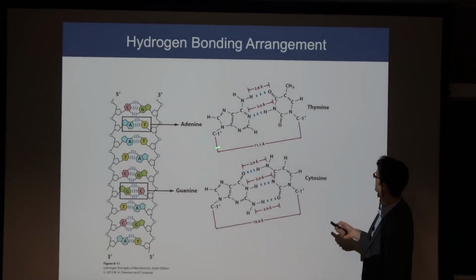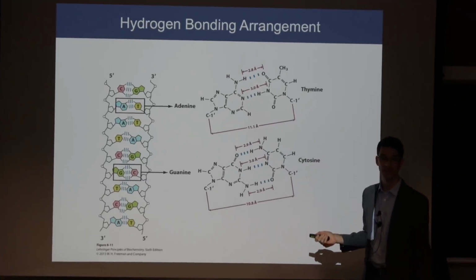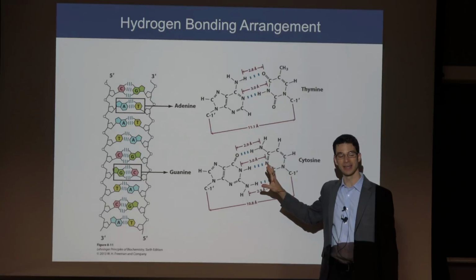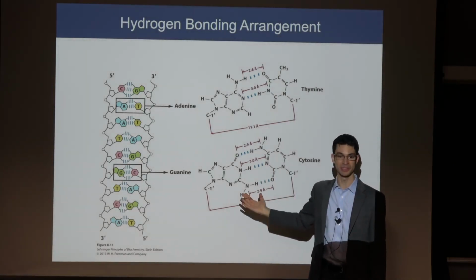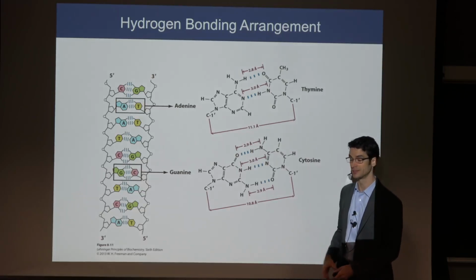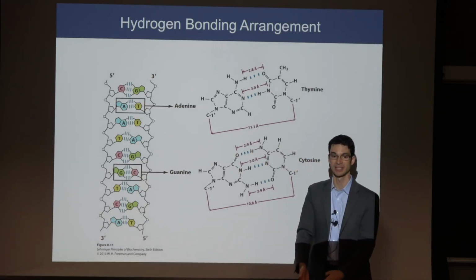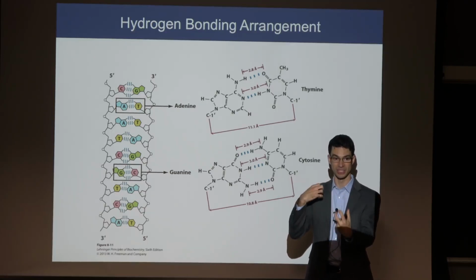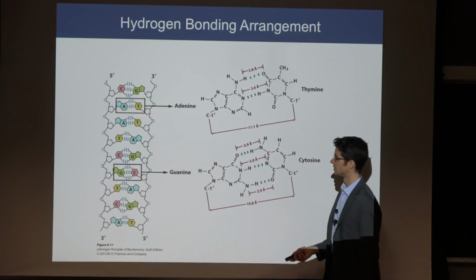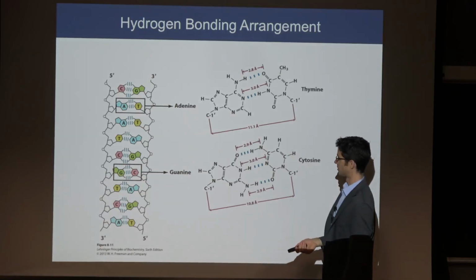Okay, so AT actually is a weaker interaction than CG, and this is actually shown in calorimetry traces where the melting temperature of CG is actually, of all CG-based pairs, higher. It takes more energy to dissociate the chains than it does for AT because of the difference in the number of hydrogen bonds.